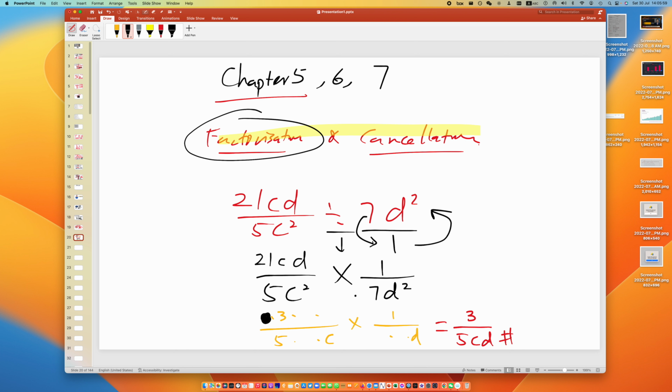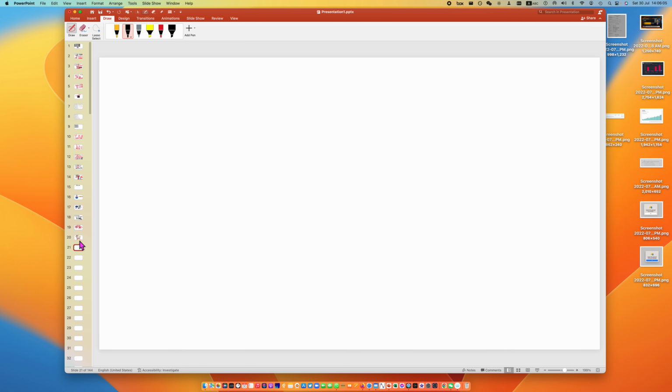Then of course, when it comes to the harder one, the harder one is about the one with some factorization. Questions like this.